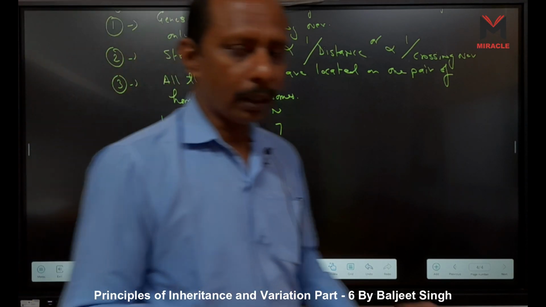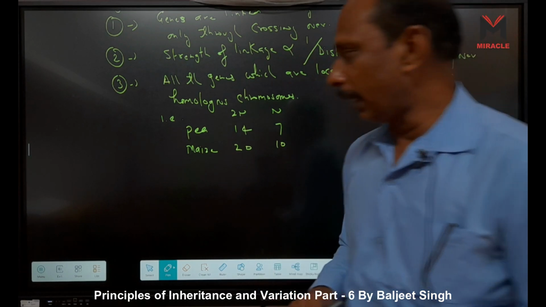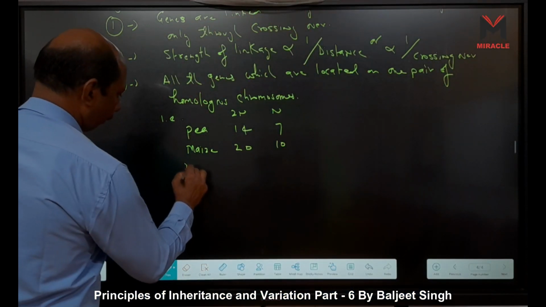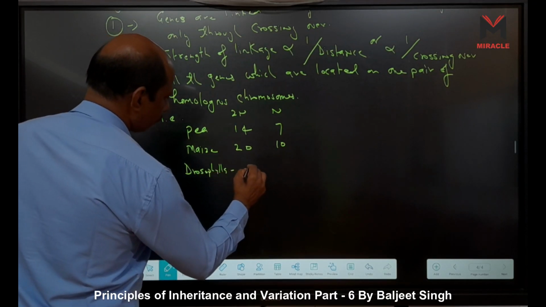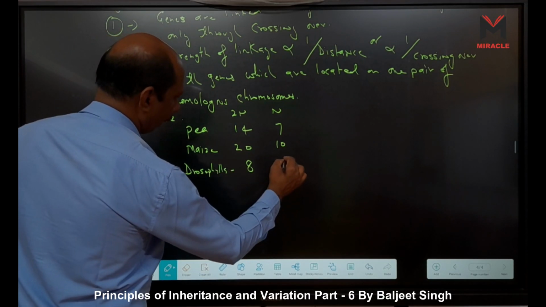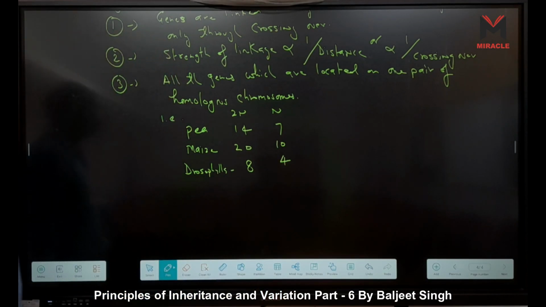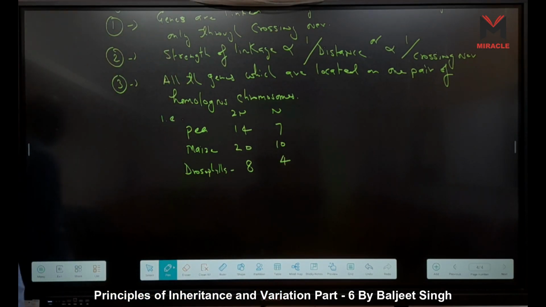Drosophila, which was used by Morgan. In Drosophila the number of chromosomes is very low, only 8. 2N means 8, that means N is 4, so 4 linkage groups are there. Okay.